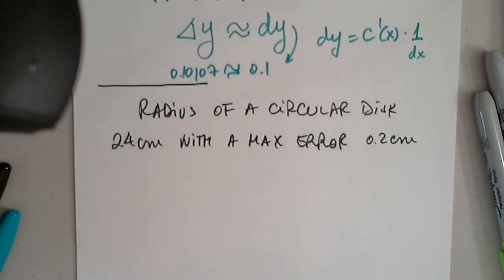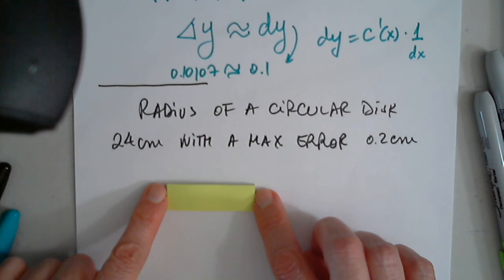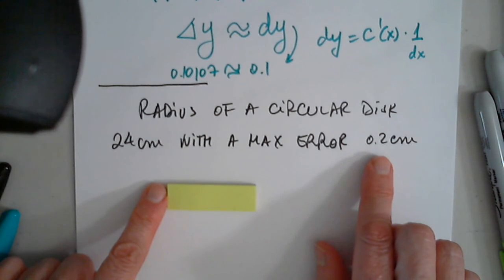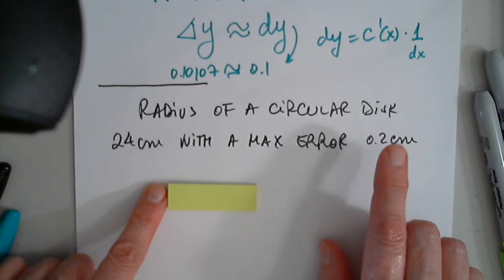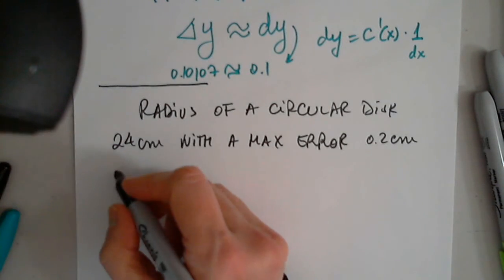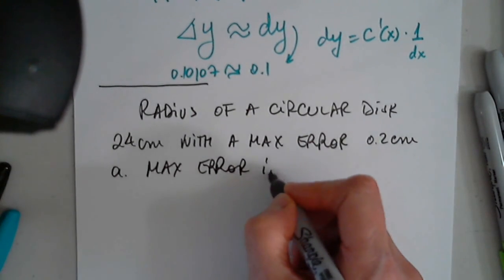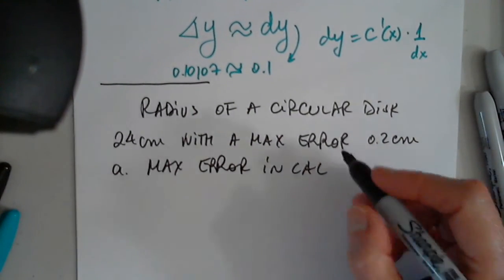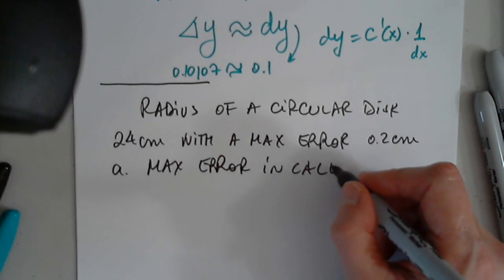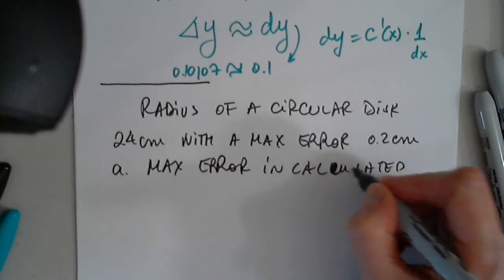So the radius should be 24, but is either short or long by 0.2. Use differentials to estimate the maximum error in the calculated area.